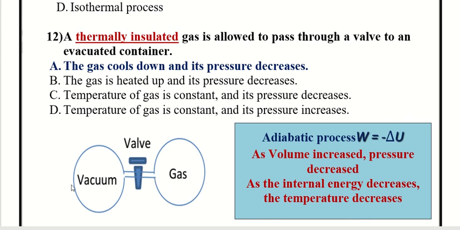There is an expansion and an increase in the volume, and the pressure would be decreased, so the internal energy would be decreased. Of course, the temperature decreases. These are the properties of the adiabatic process. This gas will be cooled down as the temperature decreases, and the pressure also decreases.